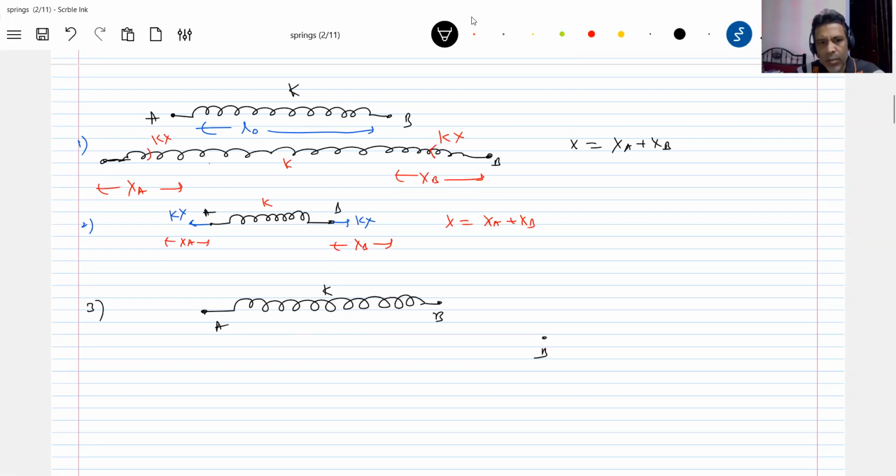Even the end B undergoes displacement. Look at now, the displacement of this end is towards the right. The displacement of this end is also towards the right.